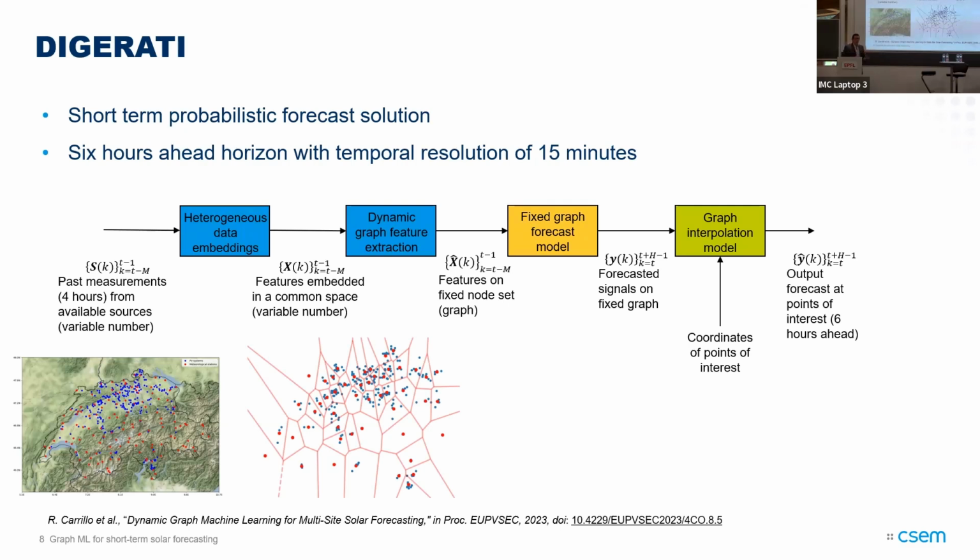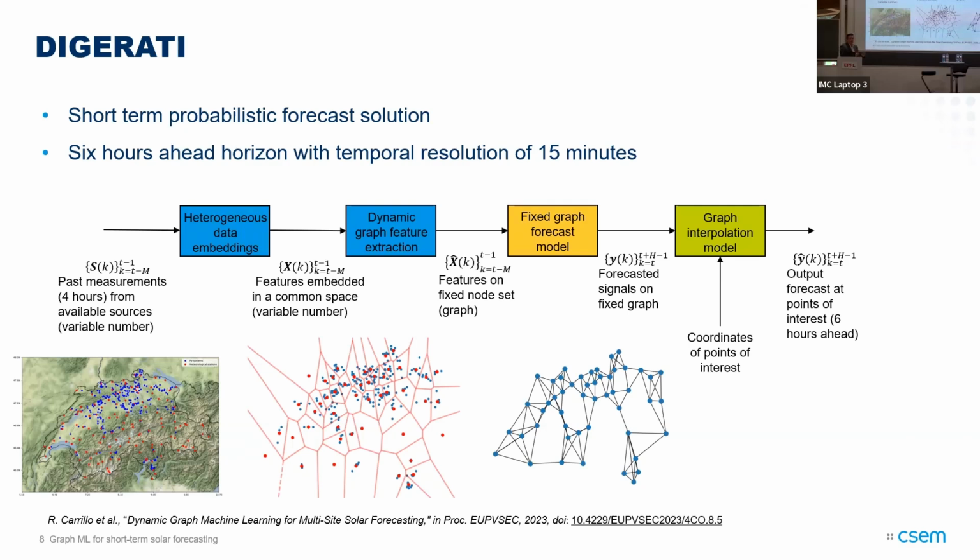So now, once we have all these features in this embedded common space, we need to also cope with the challenge of the changing nodes. And how do we do that? We do a clustering of the space where we create a fixed graph. The representatives of the clusters are the red dots, and the blue dots are the nodes that may be changing at every time.